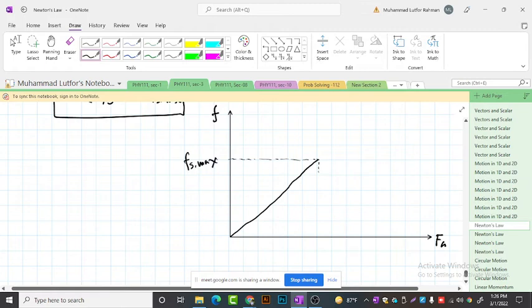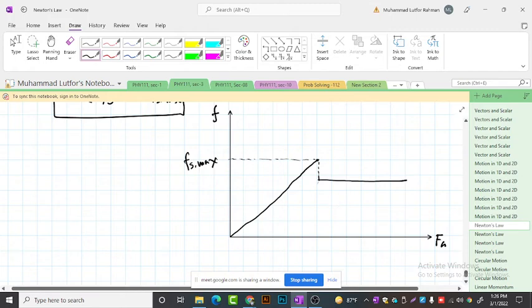And suddenly it will drop. That means this is the maximum amount that could be provided. After that, it will change its state from stationary to moving. Once it starts to move, the kinetic frictional force will be active, and the kinetic frictional force will remain the same throughout its motion. It's not going to change.